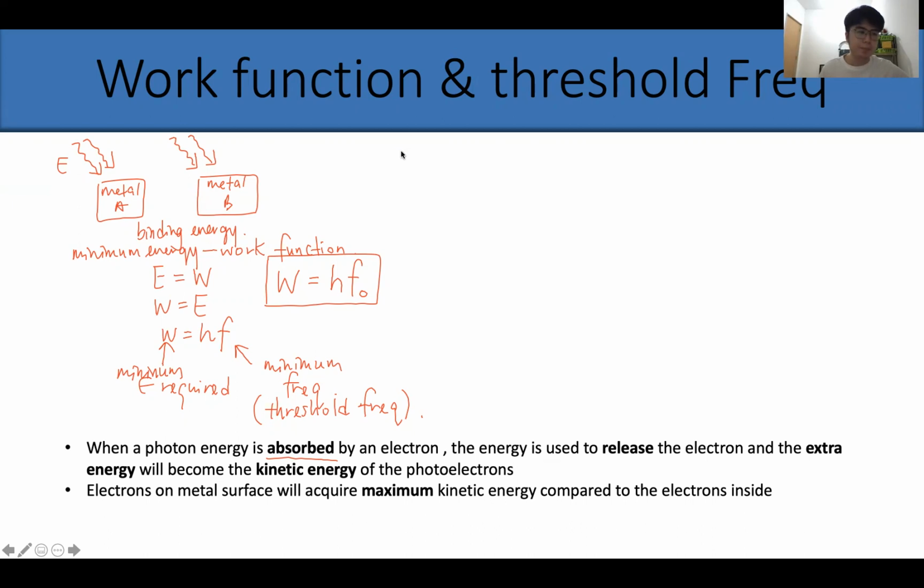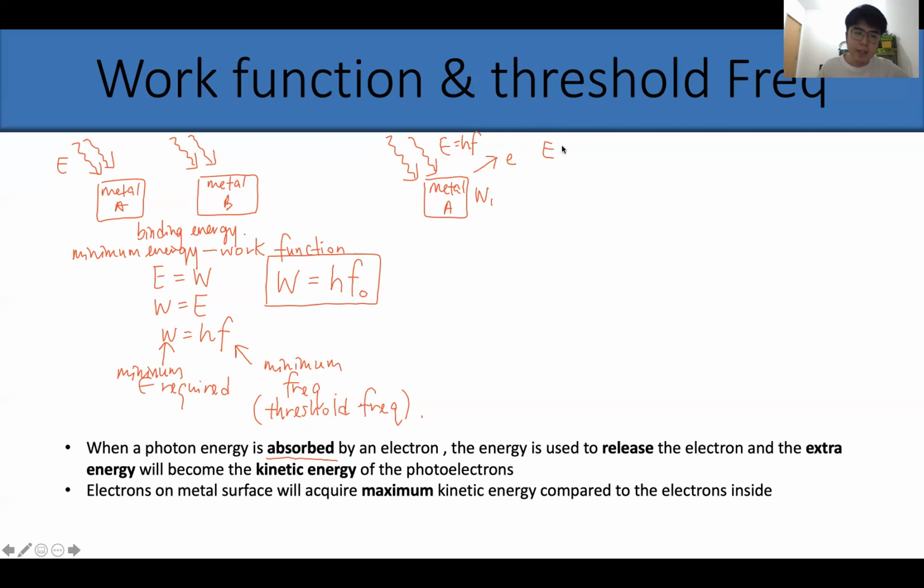Okay, you see here, let's say I have the same metal, metal A, having a work function of W1. Now I have a light coming, having energy E, and you can calculate this using hf. So whether an electron will be emitted depends on the E, right?